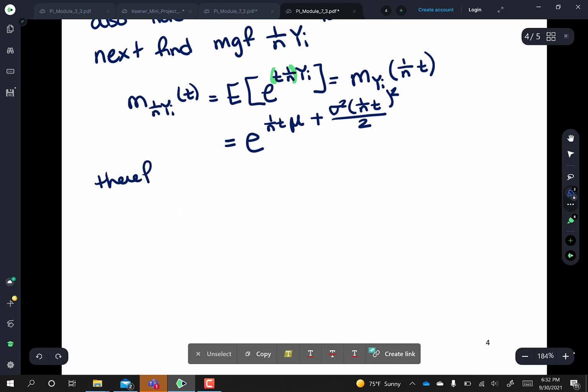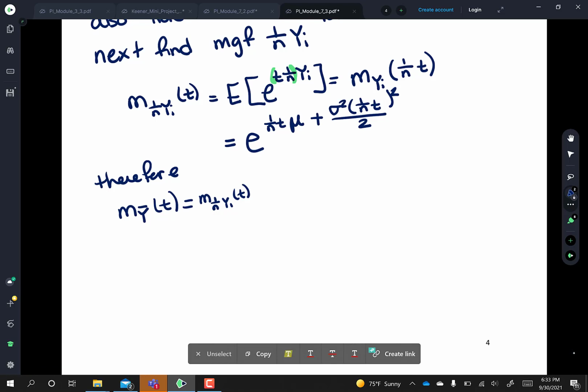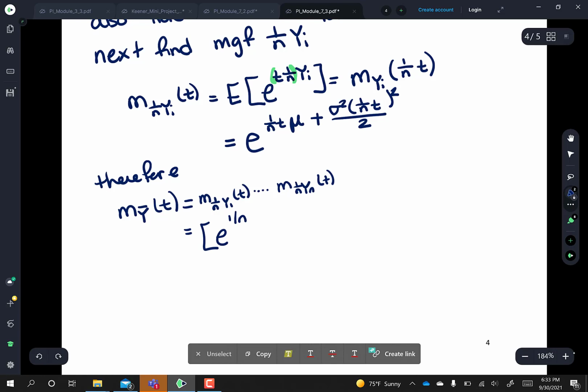So therefore, the moment generating function of y bar of t, using that theorem that we have up above, is going to be equal to the moment generating function of 1 over n y1 at t, all the way times the moment generating function of 1 over n yn evaluated at t, which is equal to e to the 1 over n.